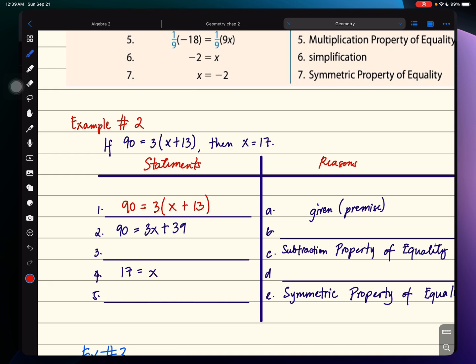Now, what do you think is the second reason that the statement comes up with this statement? Okay, very good. So that is the distributive property of equality. Let's write it.